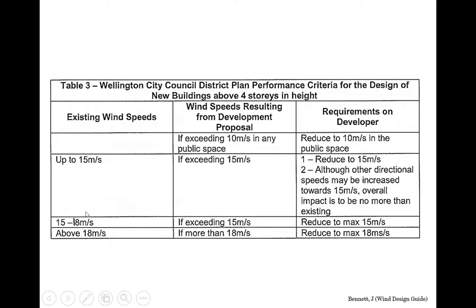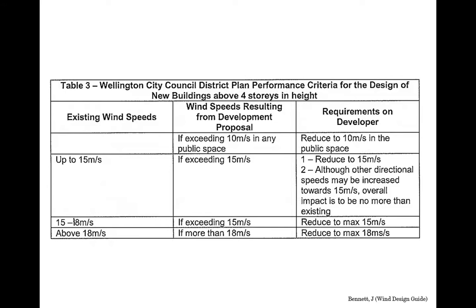If the existing wind speed was measured as 15 metres per second on site, and as a result of the development, so as a result of the building, if that wind speed was being pushed above 15 metres per second, this is what the designers would have to do. They would either have to reduce it to 15 metres per second, or, this statement at the end, overall impact is to be no more than existing.